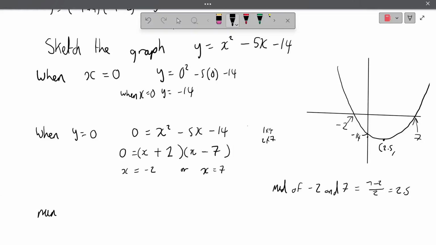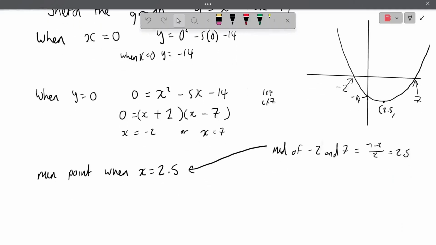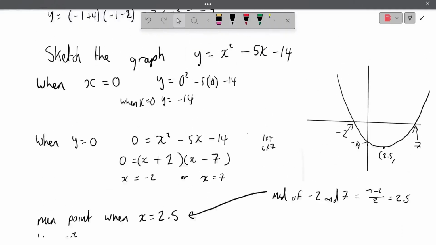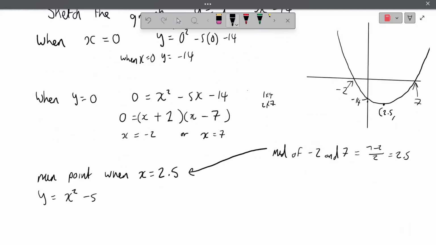So the minimum point is when x equals 2.5, because it's the middle of our minus 2 and 7. But what about y? So y equals x squared minus 5x minus 14. So we just plug in the values.